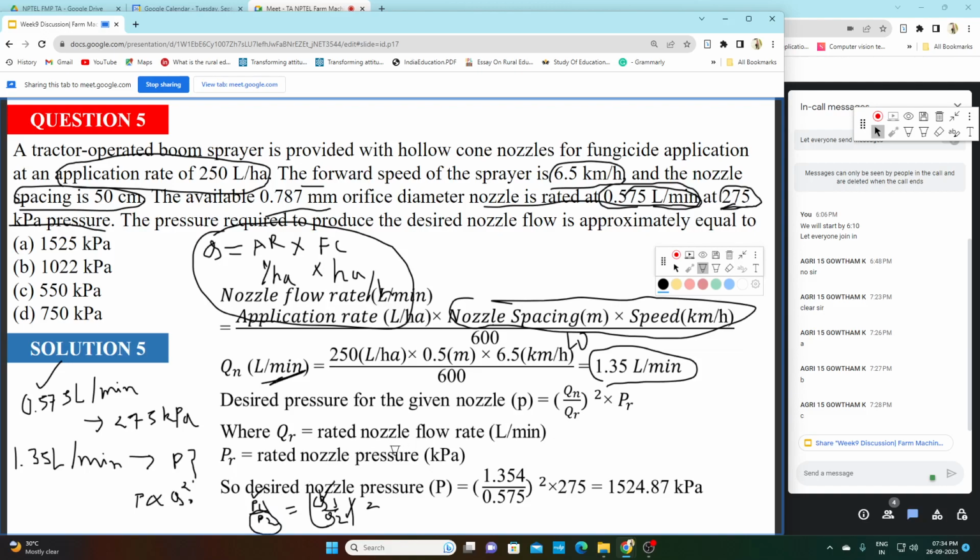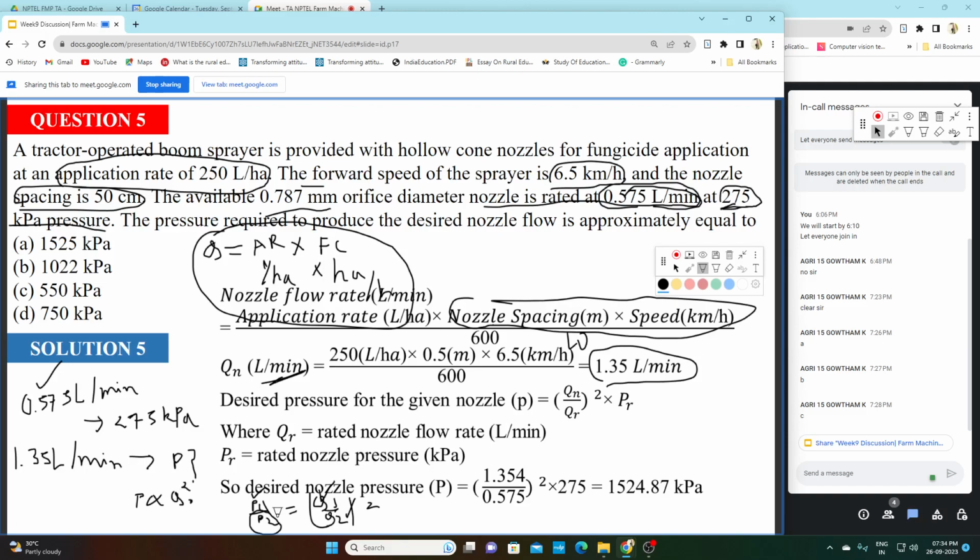So again I am repeating, we first have to find the Q, the nozzle flow rate. How can we find it? Nozzle flow rate is application rate into field capacity. By this we can find the nozzle flow rate, which comes to 1.35 liter per minute. Now in the question it has been told that for 0.575 liter per minute, the pressure is 275 kilopascal. Now for 1.35 liter per minute, what will be the pressure? You know pressure is directly proportional to Q square.